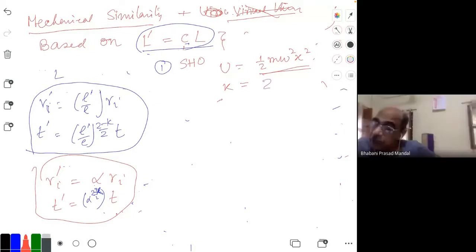So what will happen? If k equal to 2, then this power will be 0, so t prime will be t.